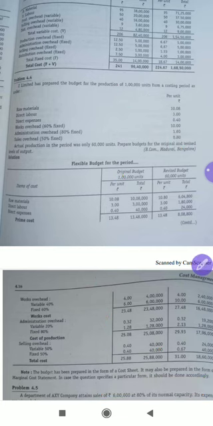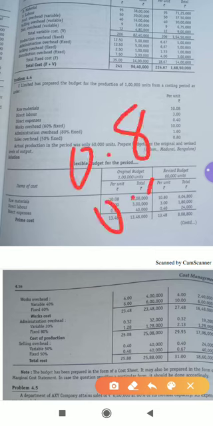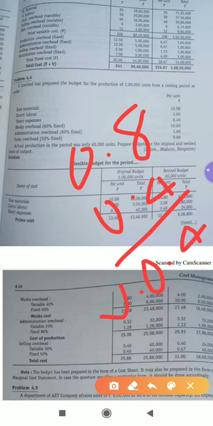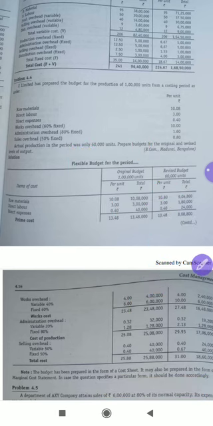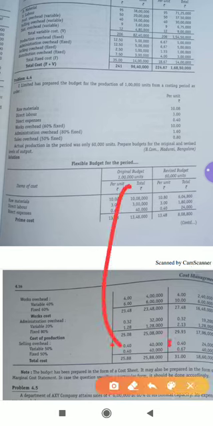Now out of 0.8, 0.4 is fixed, that means 0.4 is variable. Now 0.4 will remain the same, 0.4 into 1 lakh, 0.4 into 60,000, then we will get 40,000 and 24,000.